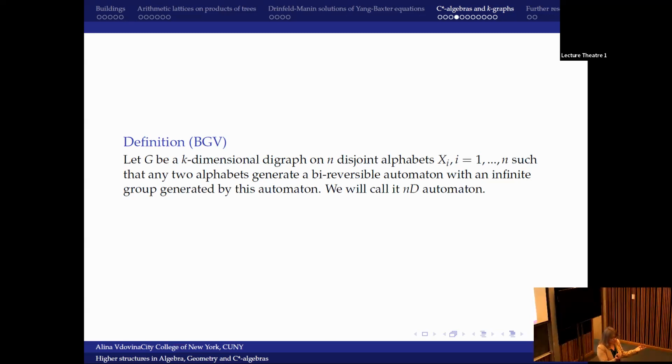So in a way, you have two groups at the same time. You have this fundamental group, and you have the group defined by the automaton. And then the group defined by the automaton is infinite if and only if the fundamental group of the complex is so-called irreducible, which cannot be presented even virtually as a product.